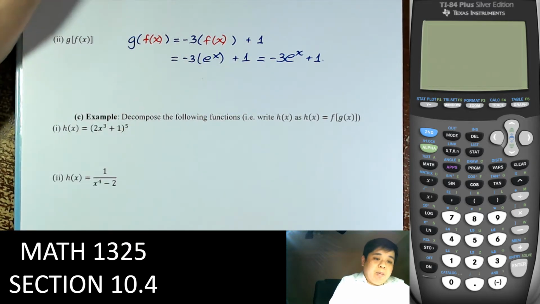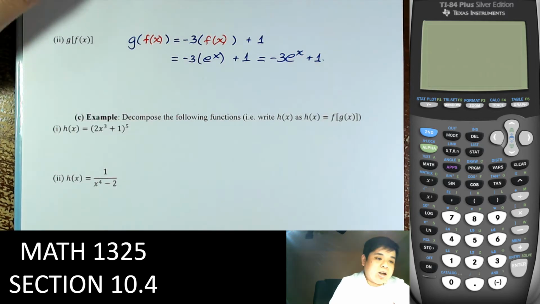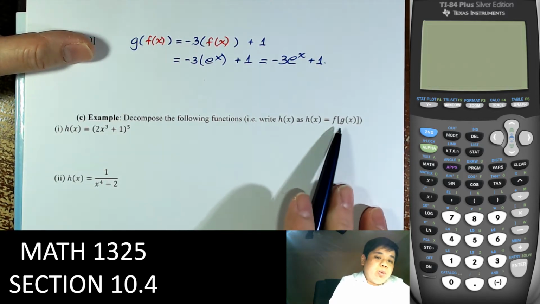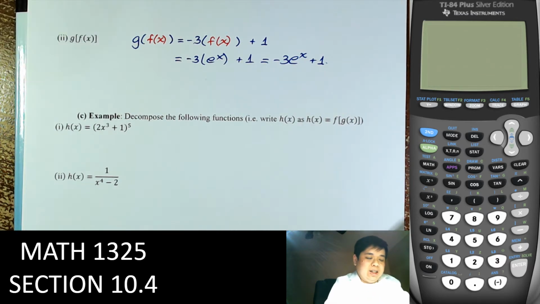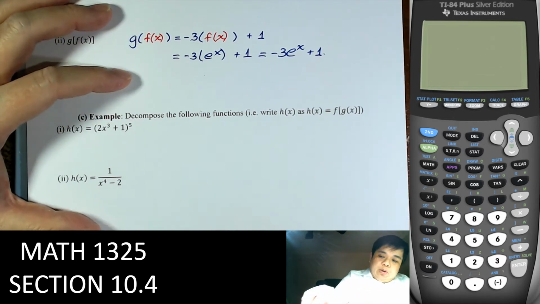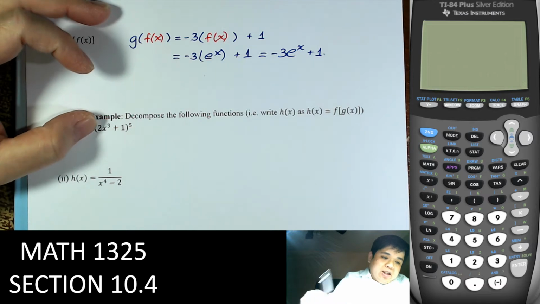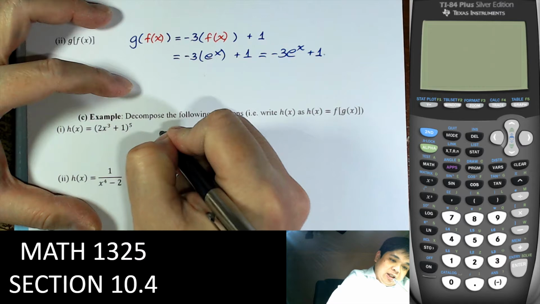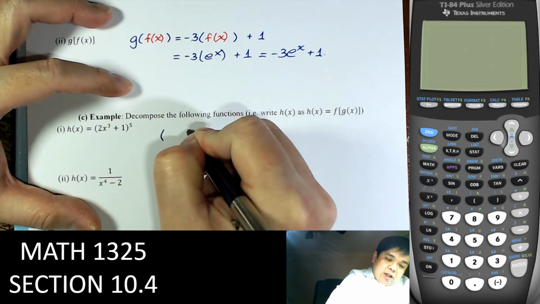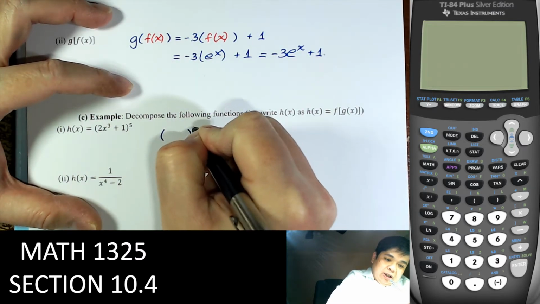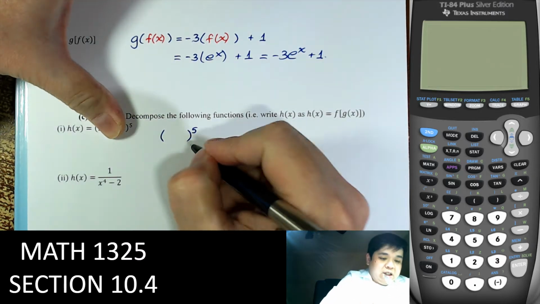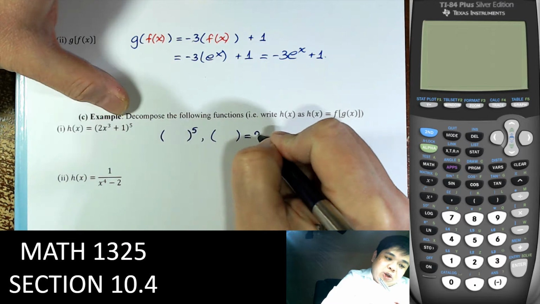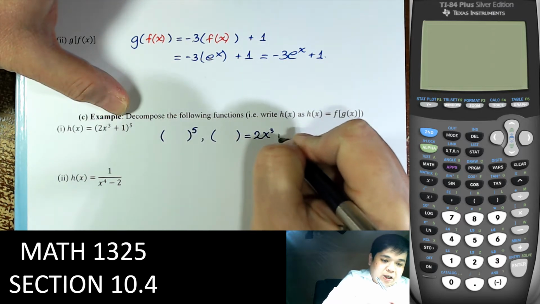Now we decompose it, meaning we go in the opposite direction. Can we write this as a composition of two other functions? Well, it is easy. We can just say this is a parentheses to the fifth. If we ignore what is in the parentheses, then the parentheses is equal to x cubed plus 1.